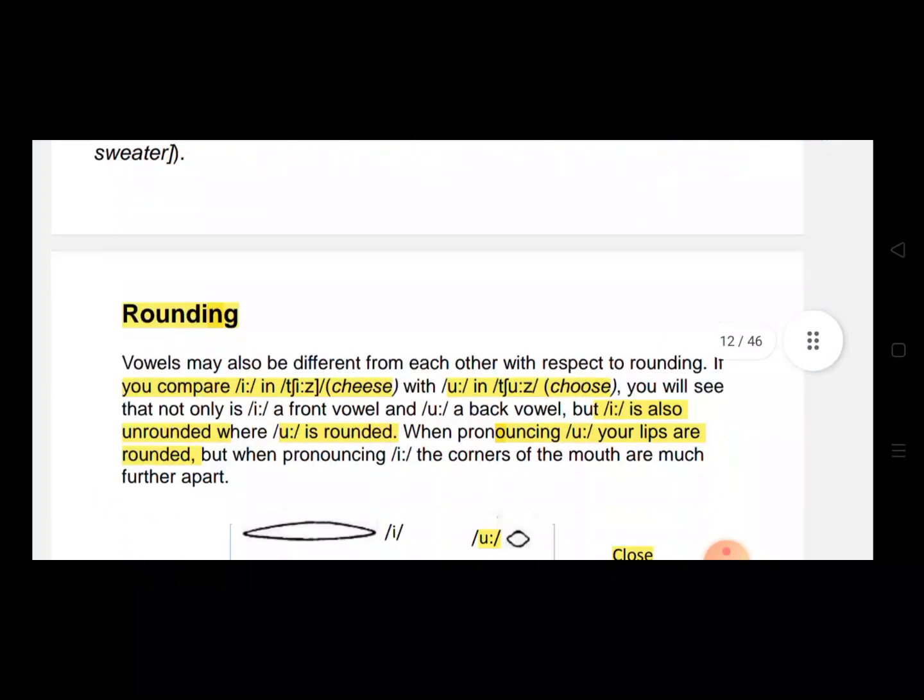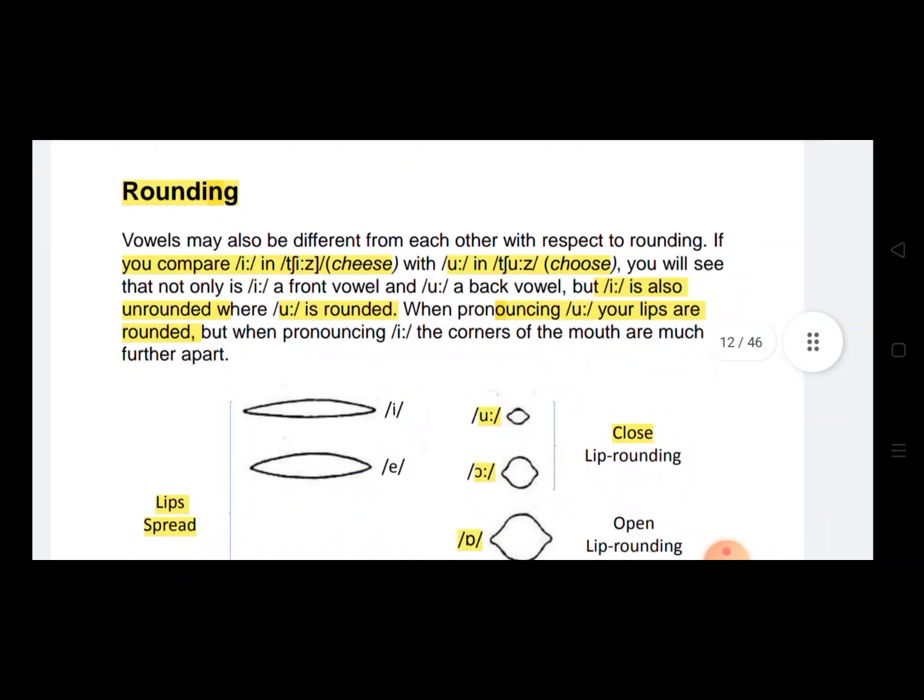Another quality is roundness, the rounding of vowels. It refers to the position of your mouth, whether while pronouncing that sound the position of your mouth is rounded or not. For example, if we pronounce the vowel in cheese, you feel that your mouth doesn't get rounded, while pronouncing the vowel in juice, the position of your mouth is round.